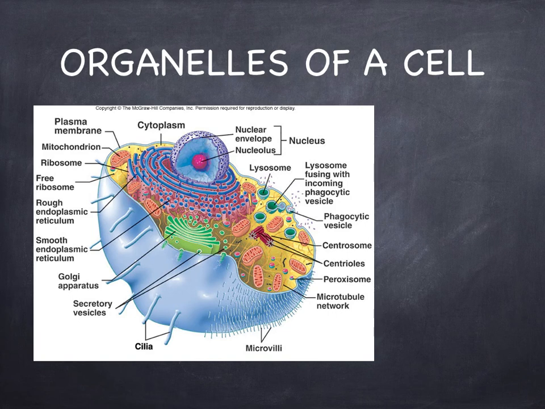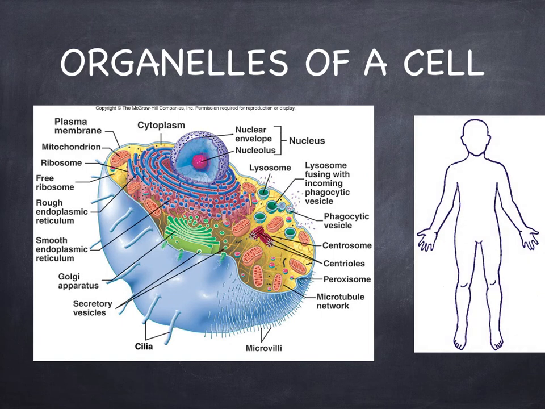No cell in existence looks like this. It's a little bit like trying to say, okay, what does the general or typical human being look like? Well, you'd have to just draw a very, very simple picture without any details. And that's what we see here in this cell picture.